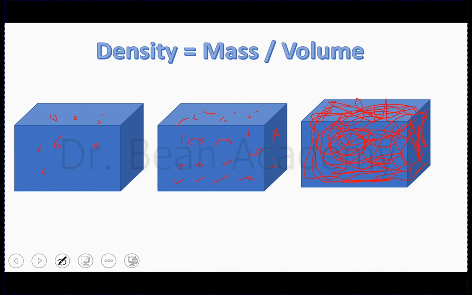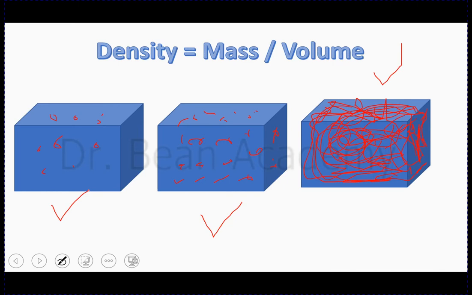So it means it has very high density, it has medium density, and it has low density. So density is mass per unit volume, and how much mass is packed into a given volume.